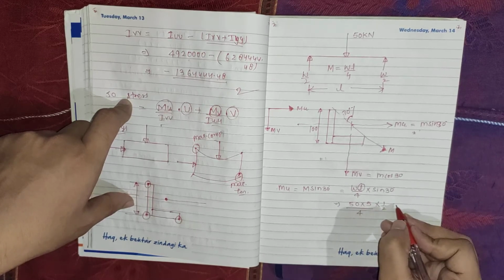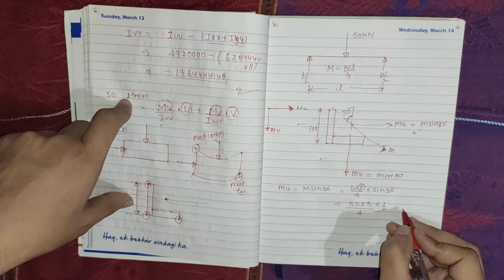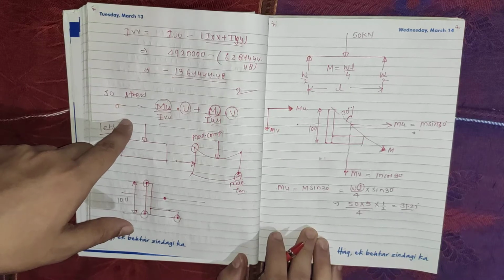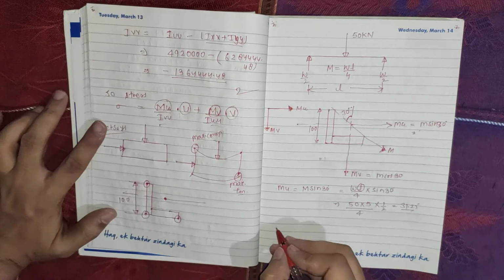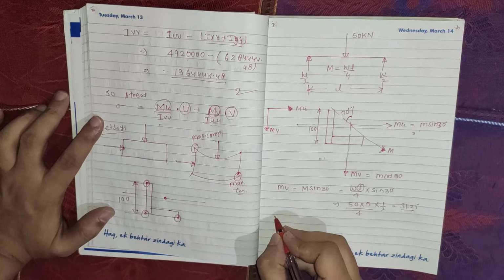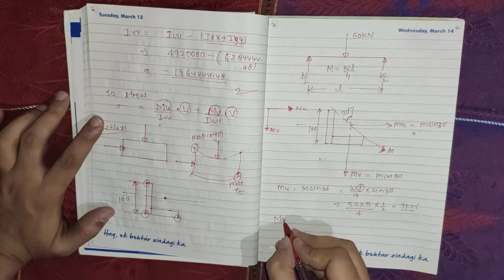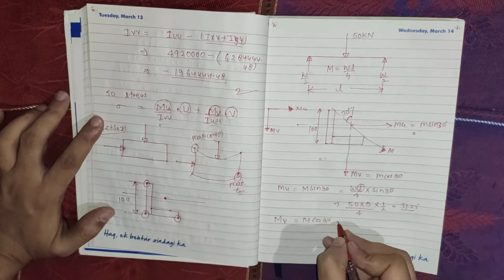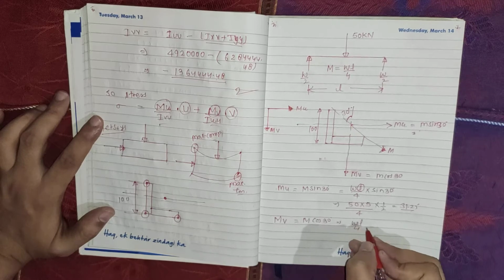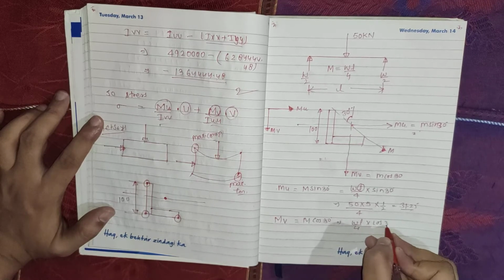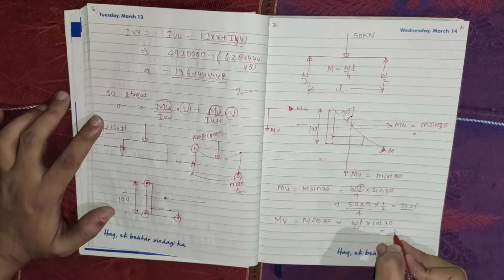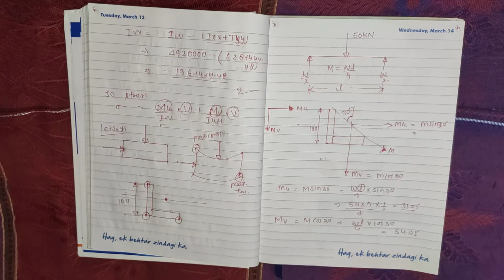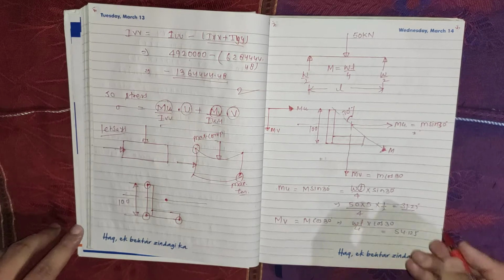Then by the calculation you will get 31.25. Is it clear? Okay, so similarly, Mv is M cos 30. Then M is WL by 4 into cos 30. Then after solving this, you will get 54.125. Okay, is it clear?